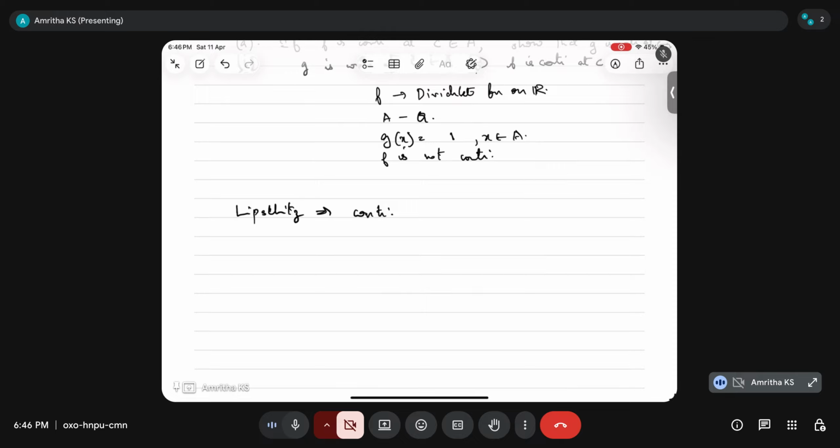Sorry, Lipschitz implies uniform continuity, but it is not the case that the other way is true. Let's see an example for that.